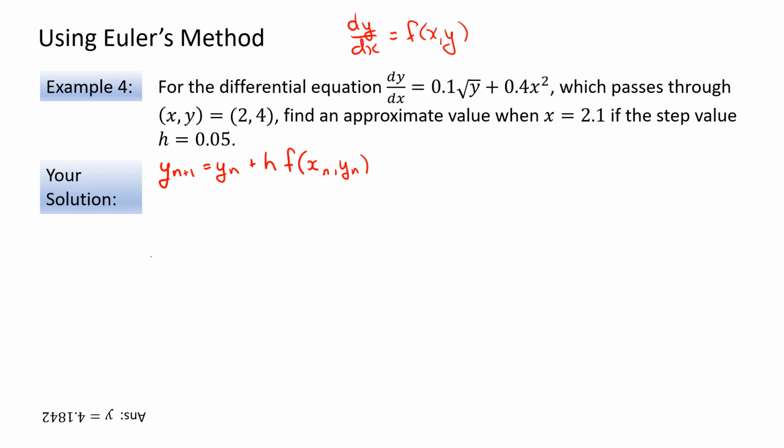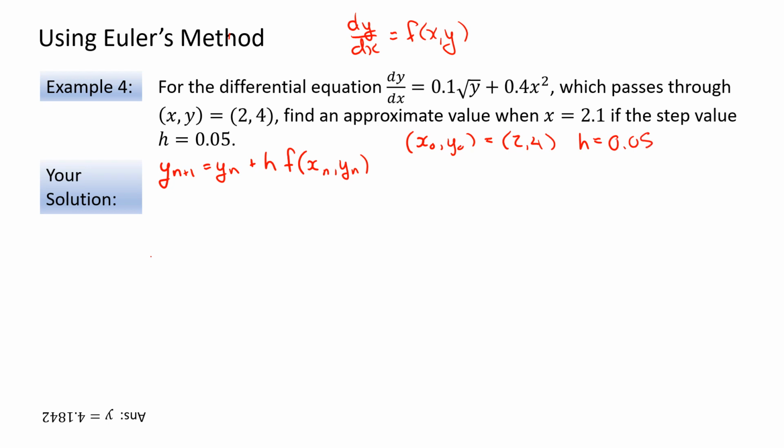Now what we know is that our first values, x0 and y0, are equal to 2 and 4. And our value of h, in this case, is 0.05.